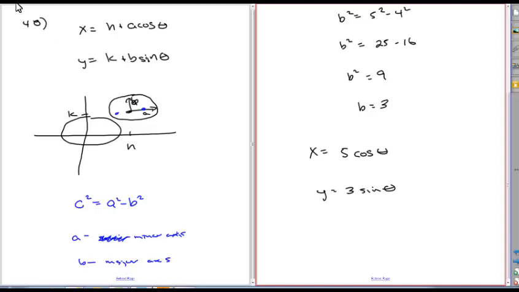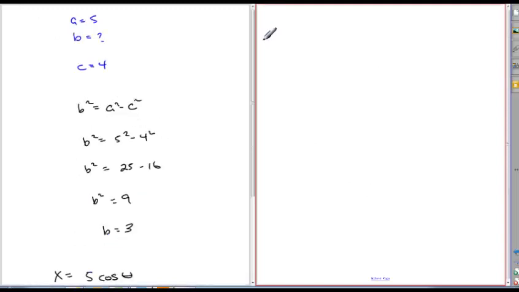And 49 is a very similar, or 50 is a similar situation. In that case, the relationship between the vertices and the foci are a little bit different. So we go back to chapter 8, section 1. You can see that c squared equals a squared plus b squared.